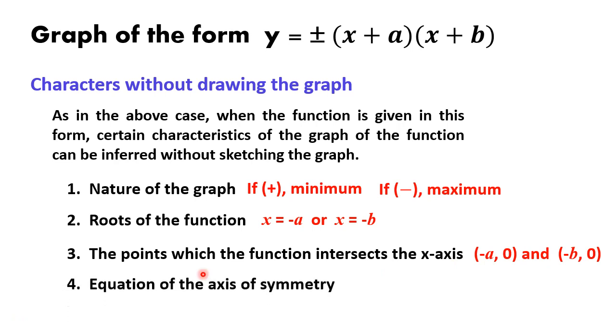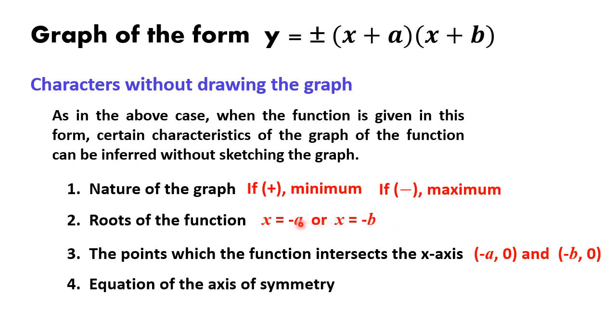So the next character is equation of the axis of symmetry. Equation of the axis of symmetry is the line that goes through the middle of the graph. Here, according to the second part, the graph cuts the x-axis at minus a and minus b.